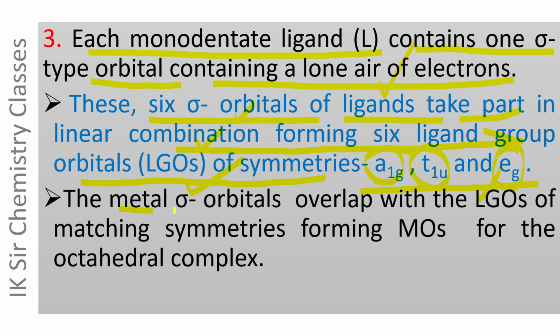The metal sigma orbitals overlap with ligand group orbitals with matching symmetries forming molecular orbitals for the octahedral complex.